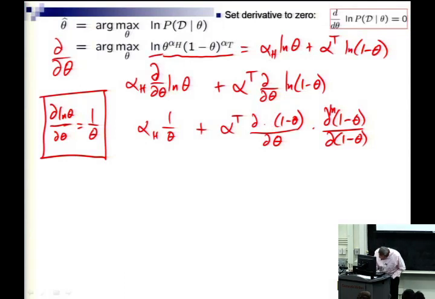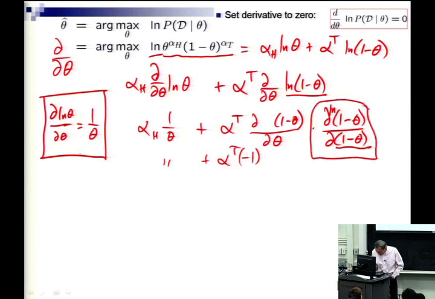I shouldn't have had this log here. Okay, so there's the chain rule. I can take the derivative of this thing, I'll just expand into its derivative with respect to 1 minus theta times the derivative of that with respect to theta. Chain rule. Again, freshman calculus. Okay, so then now we have this plus alpha t. The derivative of that is just minus 1. And the derivative here, again, is just another instance of this. So that's 1 over 1 minus theta. And I may as well copy this so we have the final version. Okay, so there's the derivative.